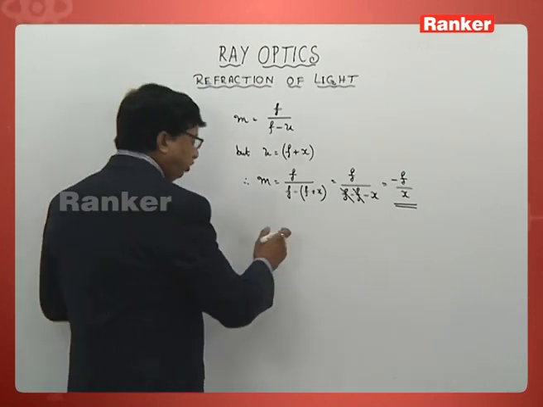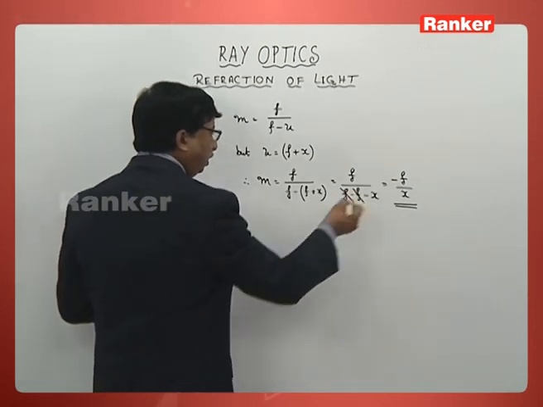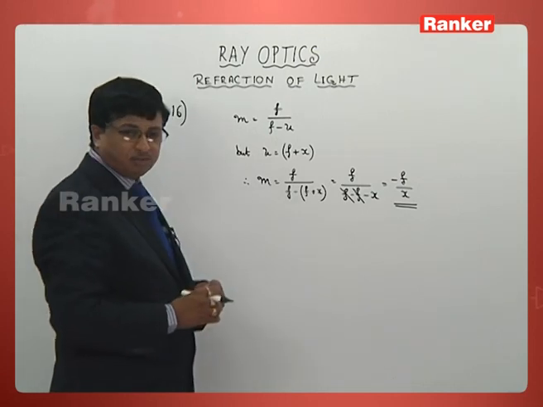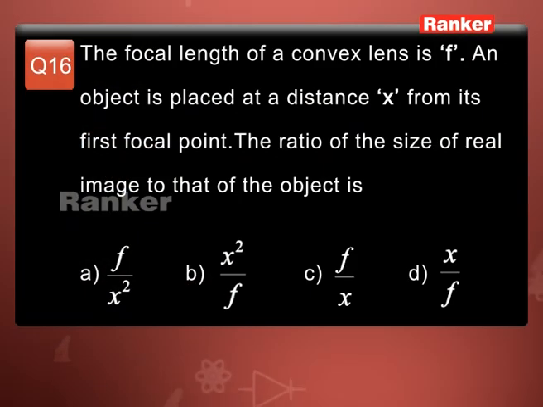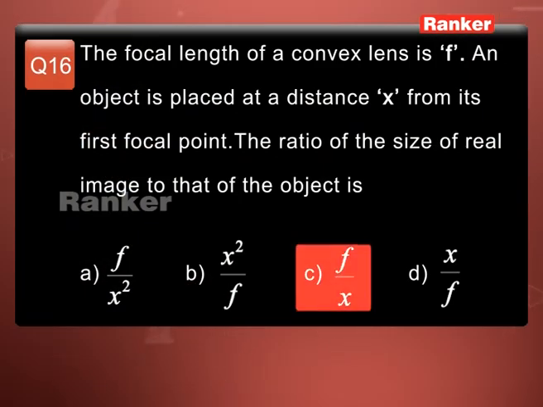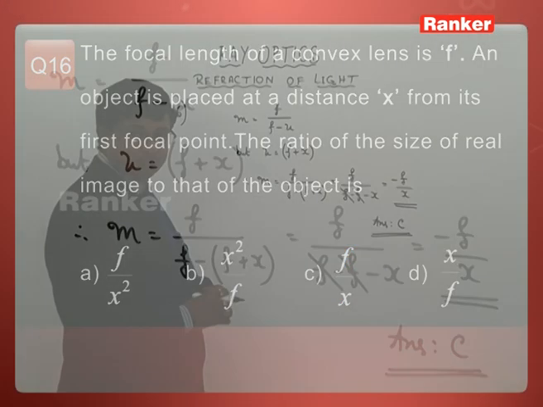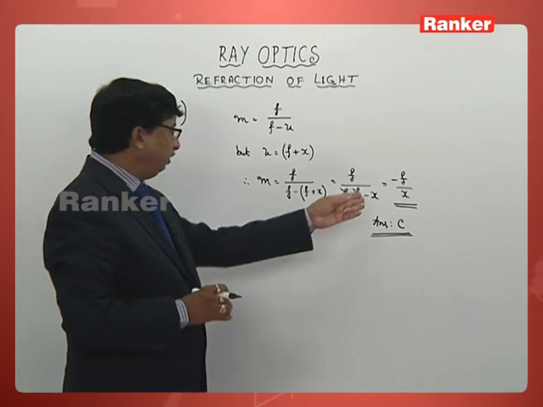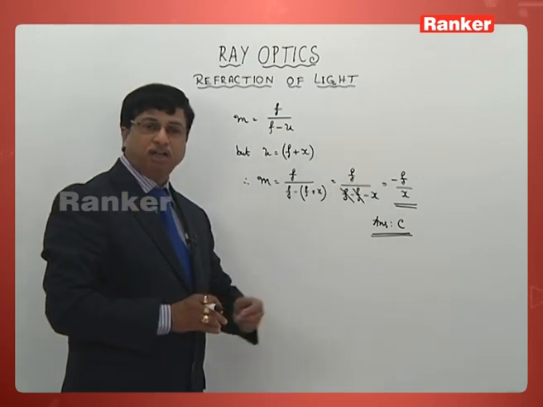Thereby, what is the ratio? The ratio is nothing other than f by x. So f by x is exactly the third option which has been provided to us in problem number 16. So you can directly take f by x as the value there.